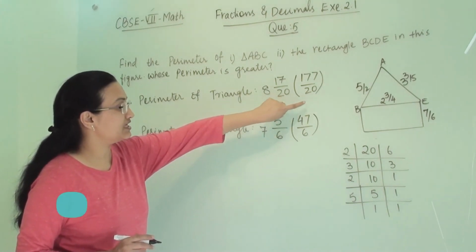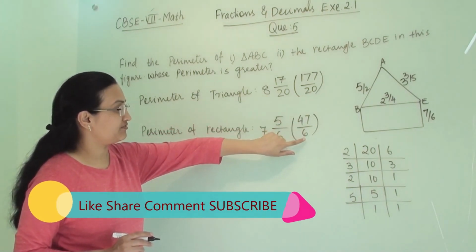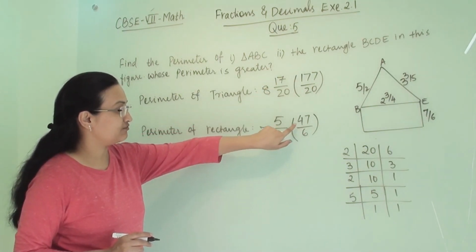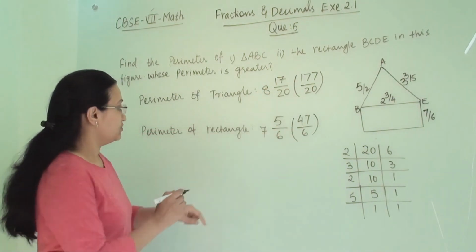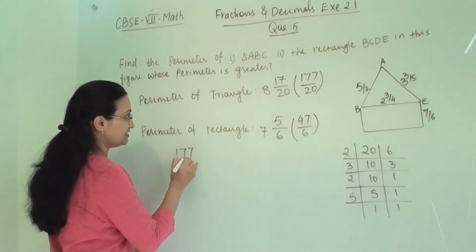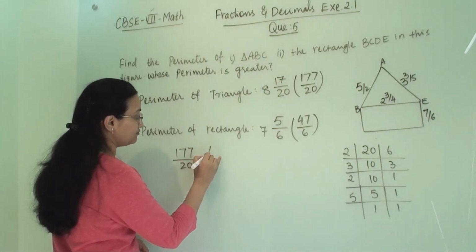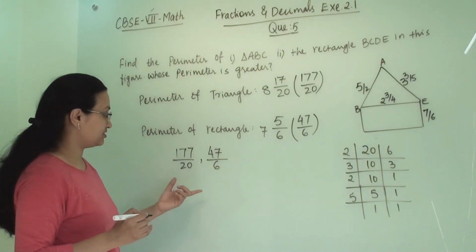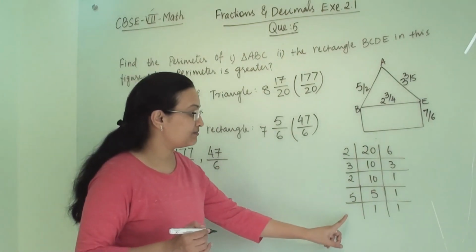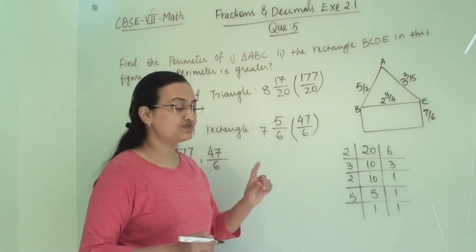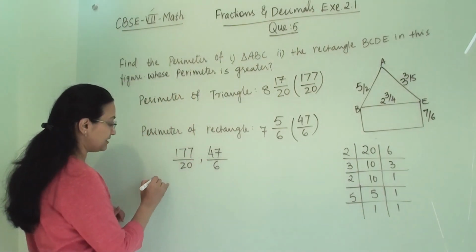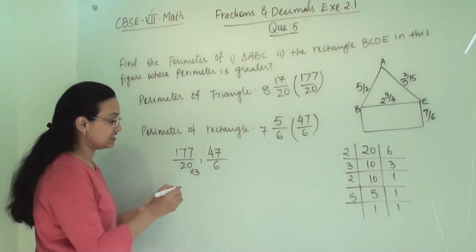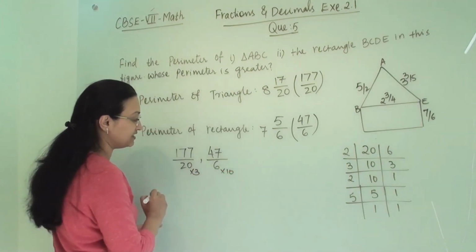So these are their original improper fractions, 177 by 20 and 47 by 6. We have to convert them into like fractions. When we take the LCM, we get LCM 60. So let us convert them. Here we have to multiply with 3 if we want 60, and here we have to multiply with 10.